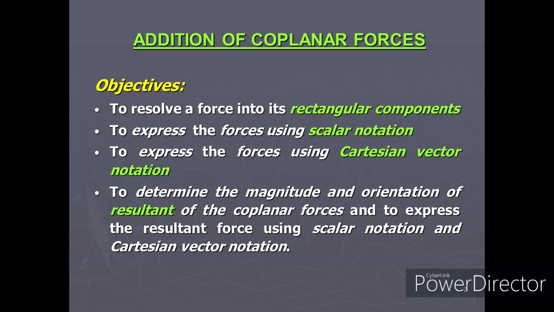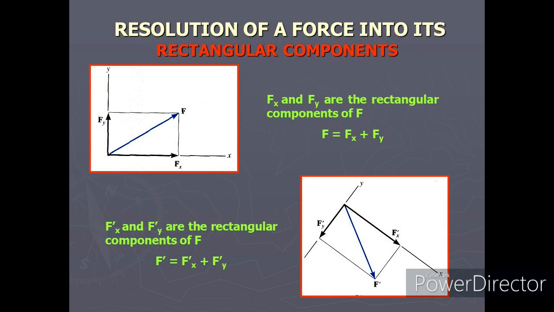So, rectangular coordinates or rectangular components. When you have a force F along x and y, it has component Fx along x and Fy along y. And applying our parallelogram rule, which we learned before, construct the parallelogram, and this forms the resultant force, which is given as the sum of its components, Fx and Fy.